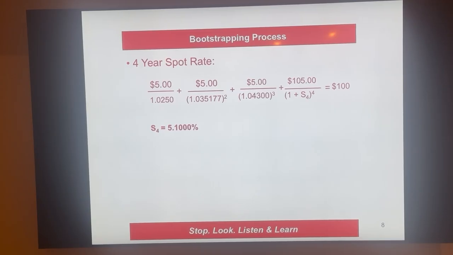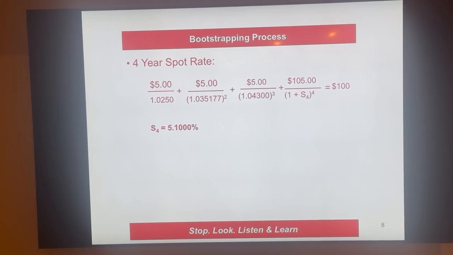Since we have a face value of $100 and the par rate is 5%, this bond will pay $5 for each of the next 4 years. At the end of 4 years, when the bond retires, it'll pay a $5 coupon, plus it will repay the principal.